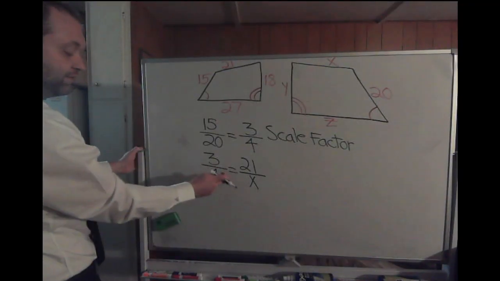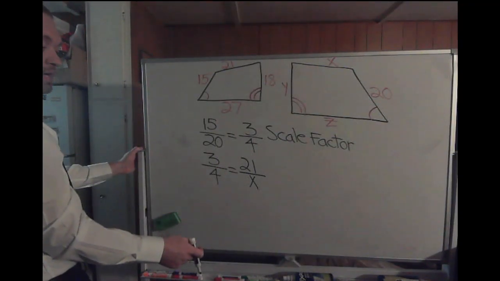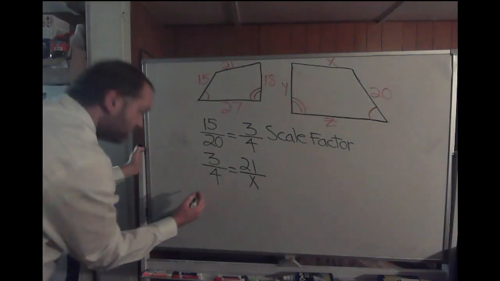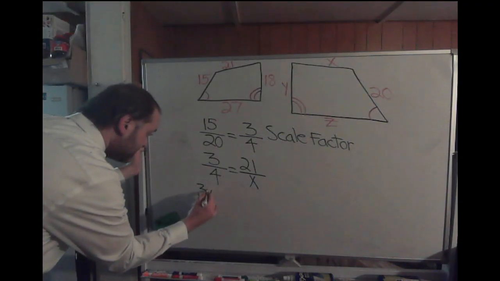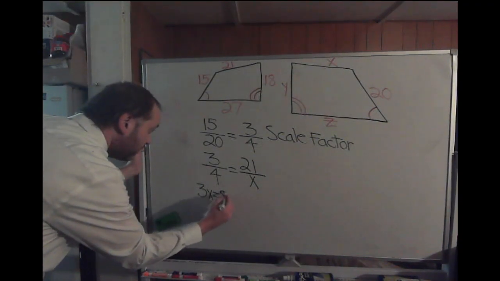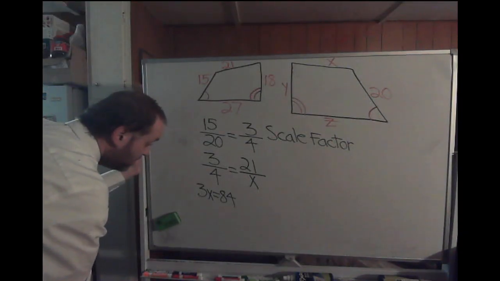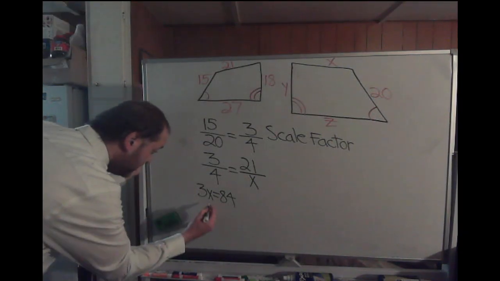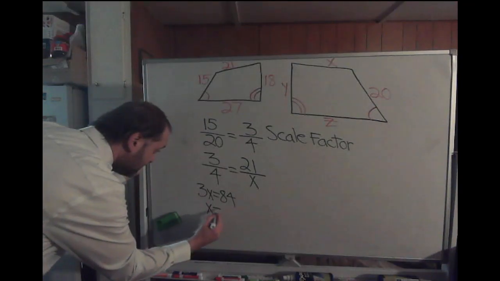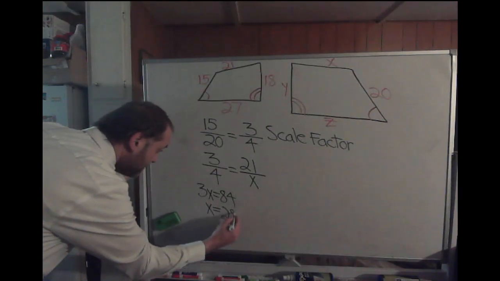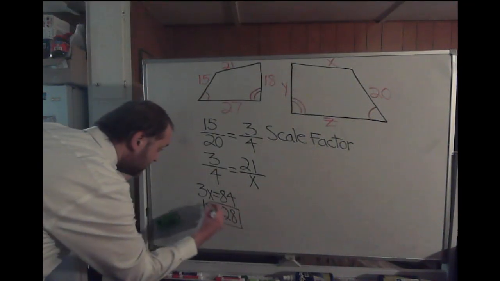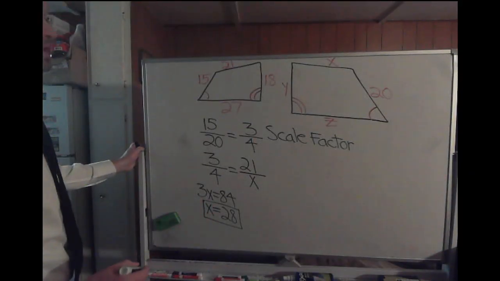So you'd have 3 to 4 is equal to 21 to x, which would then give you that 3x equals 84. Which would then give you that x is equal to 28. So x is equal to 28.